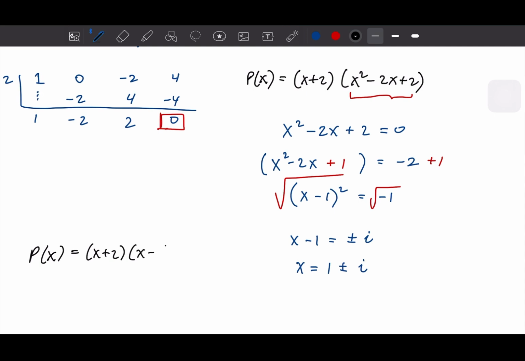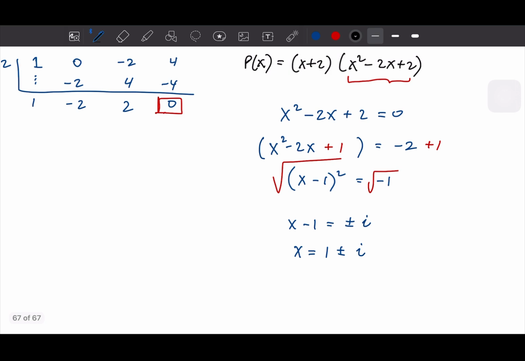Yeah, well, let me just write it with the zeros. This will be confusing for you. So I just write the zeros: x equals -2, and x equals 1 plus the imaginary number, and x equals 1 minus the imaginary number. Okay.